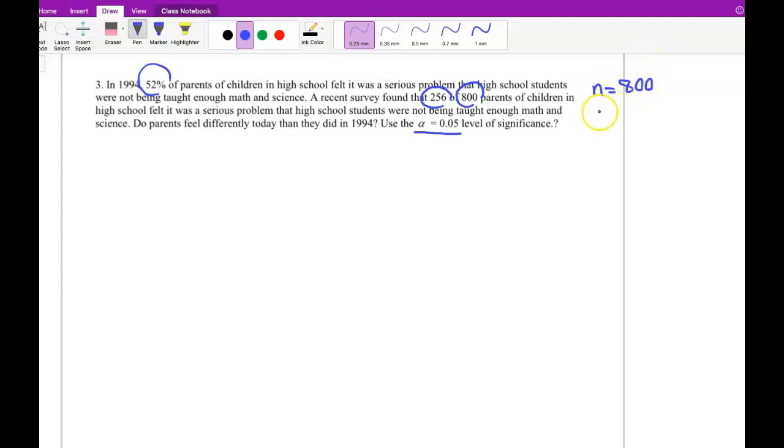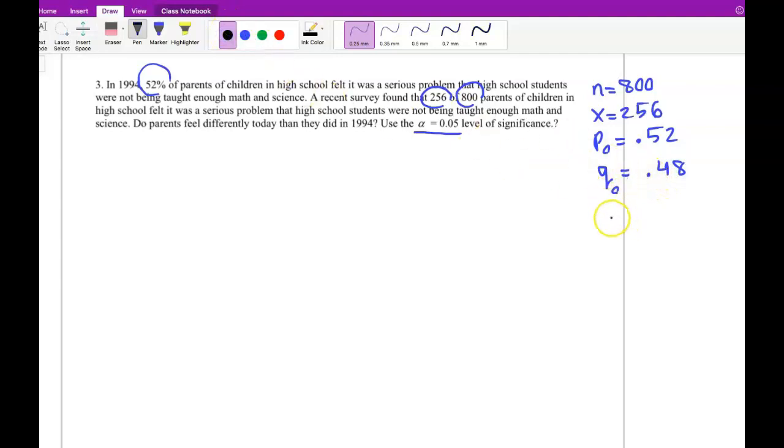X is 256. Then P0 is 52%. Now using this P0, finding Q0 as 1 minus 0.52 is 48%.